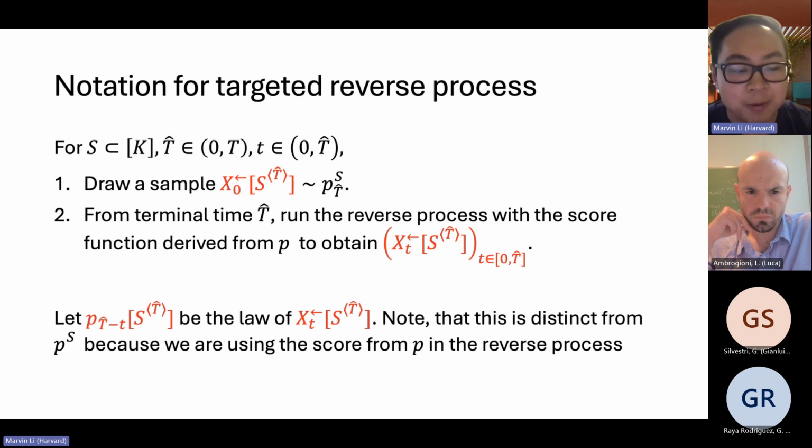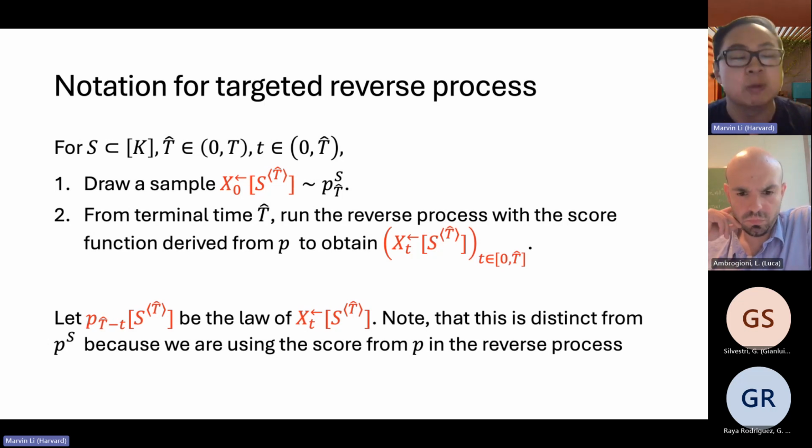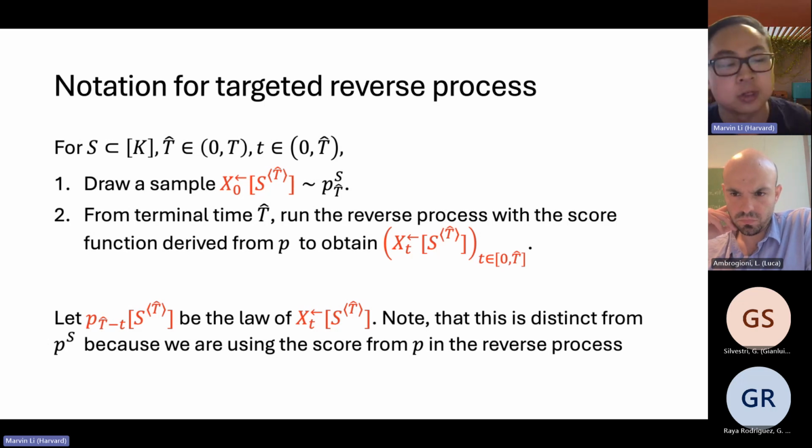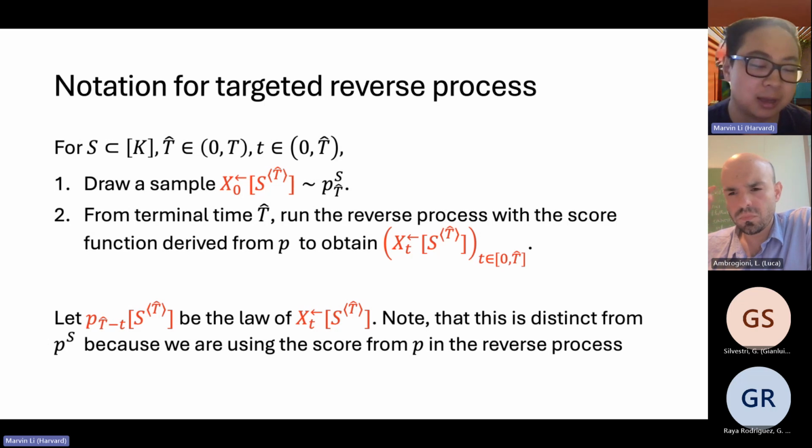Note that P bracket S is distinct from P superscript S because we are using the score from P in the reverse process. Now, if we were to use the score from P superscript S in the reverse process, then we would just generate P^S again because these two things are equivalent. But the difference here is that because we're noising and denoising with the full diffusion model, we're using the score of everything, including the score of the entire distribution P.